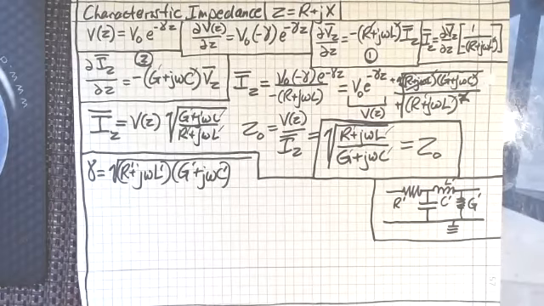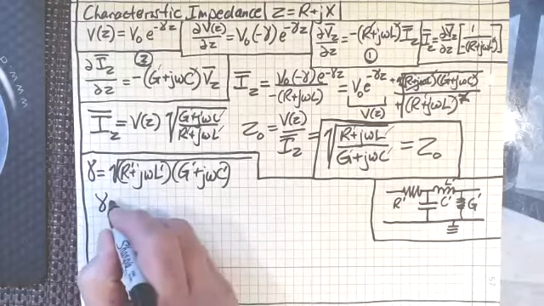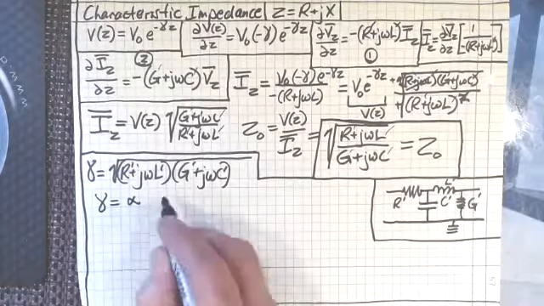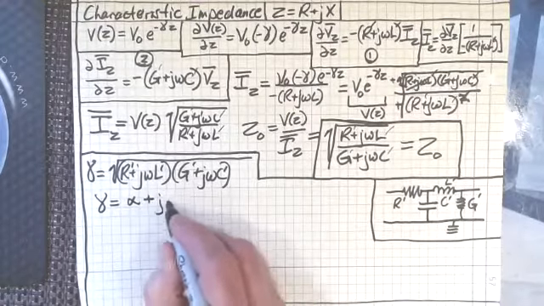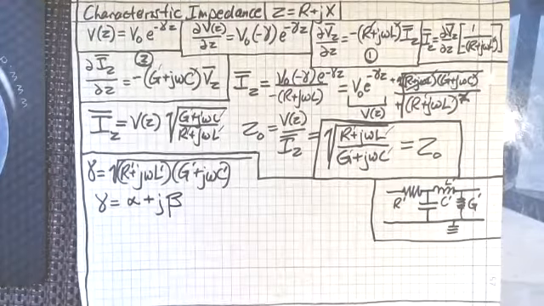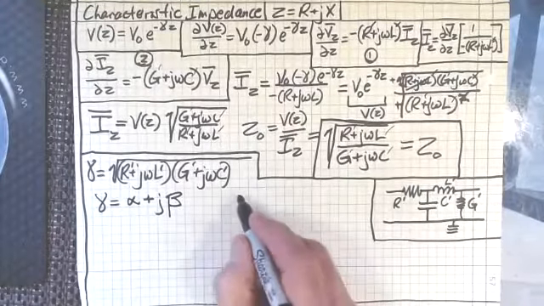Now, I can sort of preview where we're going. Let me just say this first. The propagation constant is the attenuation constant, that's the real part, plus j times the phase shift constant. Let's write that down.